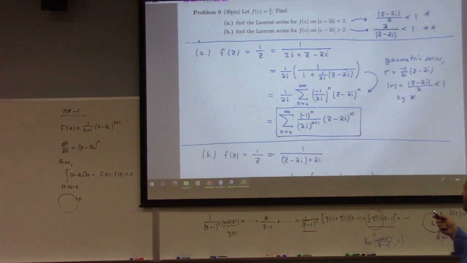But what I do is recenter the world where I want it to be centered. Namely, I want to create a z minus 2i. So to achieve that goal, I add and subtract 2i judiciously, like so. But then I realize I'm in part A, where I have control over z minus 2i over 2 being less than 1.